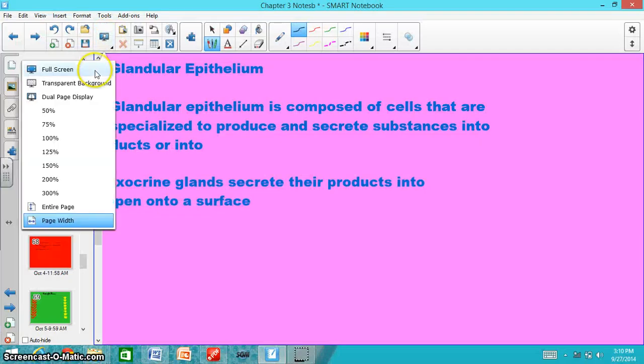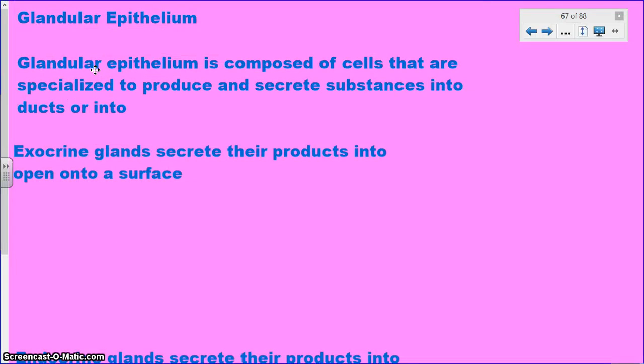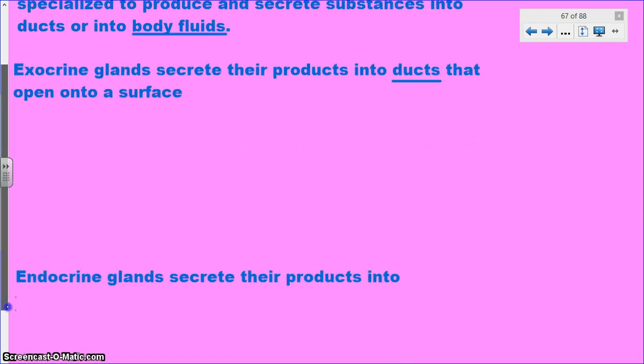All right, our last epithelial tissue is glandular epithelium, and it's composed of cells that are specialized to produce and secrete substances, whether it's into ducts or into body fluids. Exocrine glands are glands that secrete their products into ducts that open onto a surface. Okay, think sweat glands.